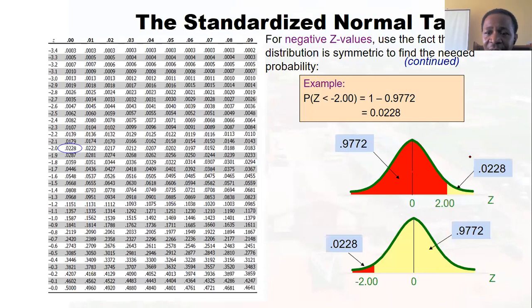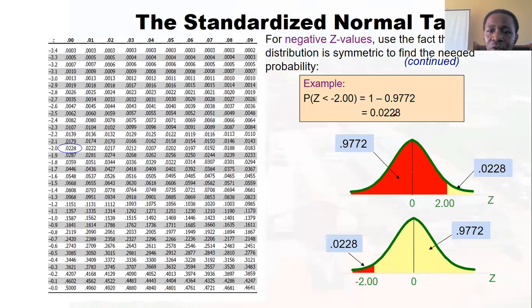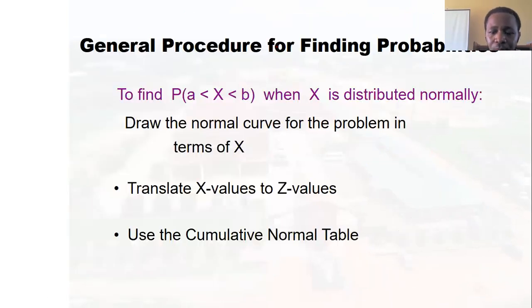To get the value of this other part, since the total area is 1, you do 1 minus 0.9772, and that will give you 0.0228. Now, this is the general procedure.